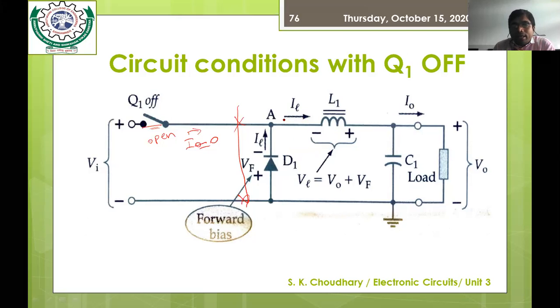Already we know that the current has linearly increased in the previous case, and it has attained some level. It remains at the same level, and the inductor is not easily ready to change its current level. So in order to maintain the inductor current flow, the inductor would reverse its polarity. You can see here the inductor's polarity has been reversed.